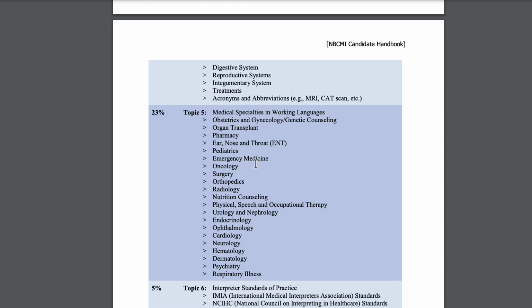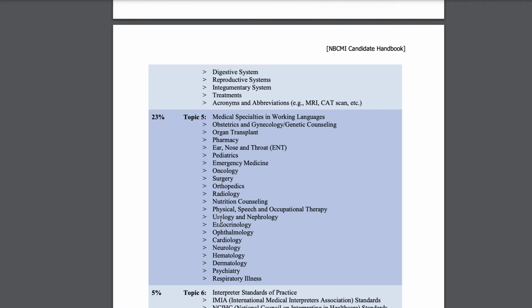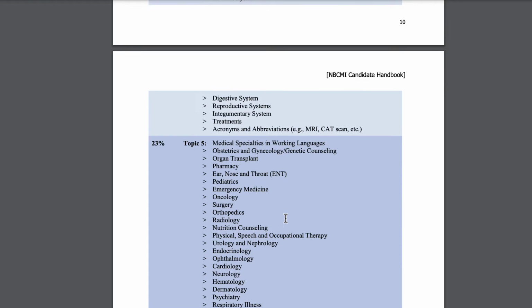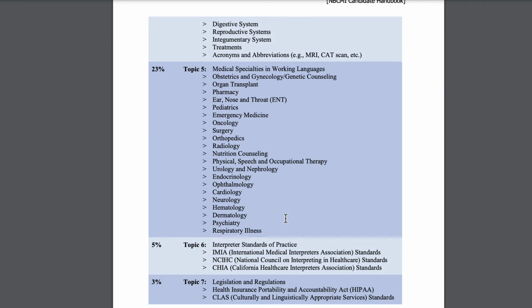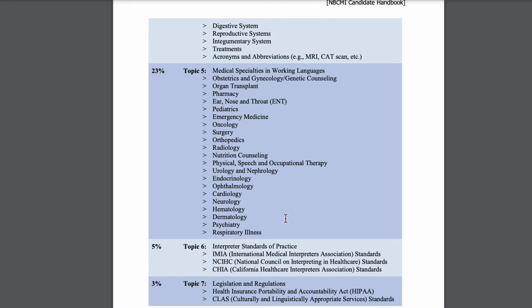You definitely have to know what ENT stands for, what oncology is. If you are hearing urology and nephrology and you're not sure what that is, then you definitely need to study. So I think it is probably a good idea for the vast majority of you to at least watch crash course on YouTube.